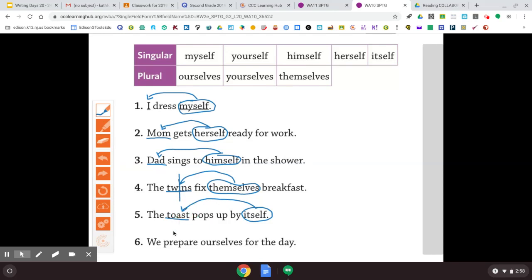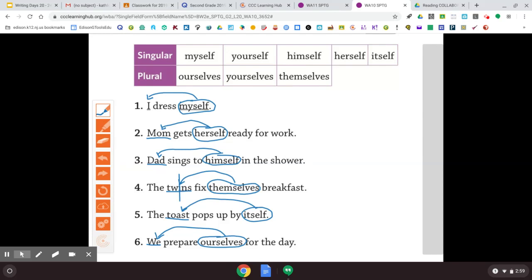And number 6, we prepare ourselves for the day. The subject is we. And who are we preparing? We're preparing ourselves. So again, boys and girls, we're going to draw that arrow back to we because we know that it's referring to the same person.